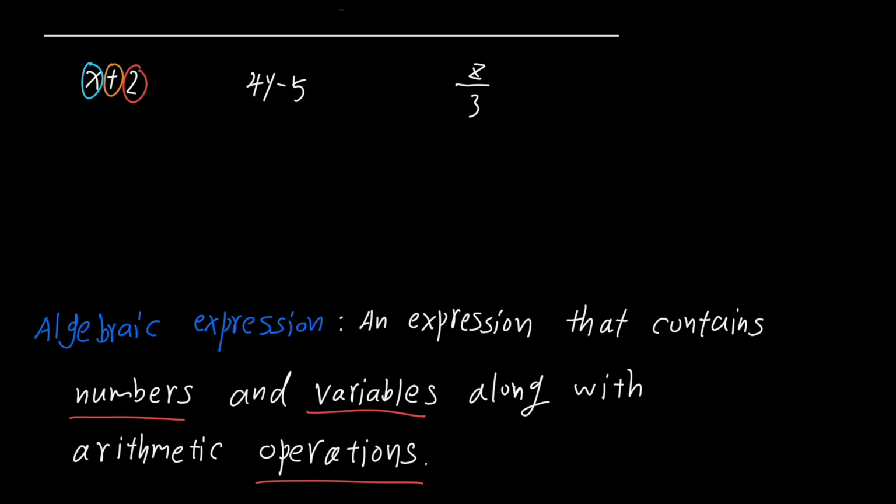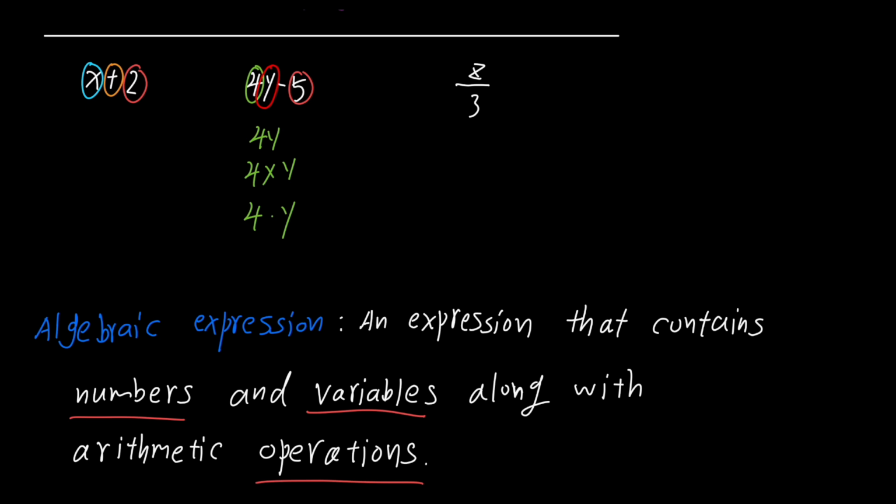But for the second one, we have 4y. So 4y means 4 times y, or 4 dot y. They all represent multiplication. So in this case, we have a number, we have a variable, and we also have a number.